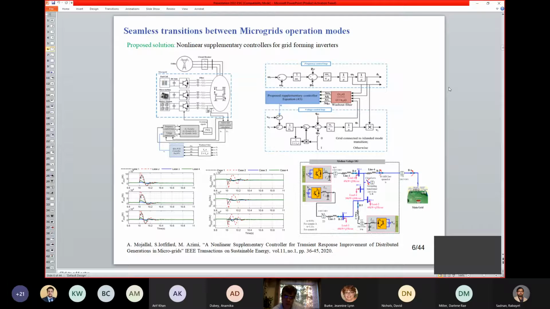So we have proposed supplementary controllers, which means that we don't change the tracking problem of the controller. We just improve the transition of the controller. When it goes to the quasi-steady state, the output of our controller would be 0. We don't change anything. The simulation results have shown that it could significantly help these transitions.